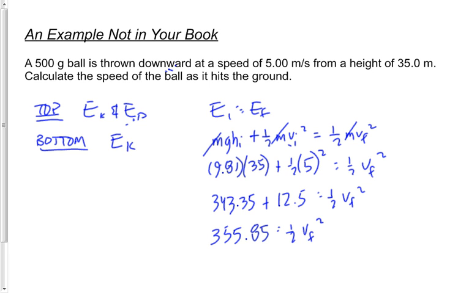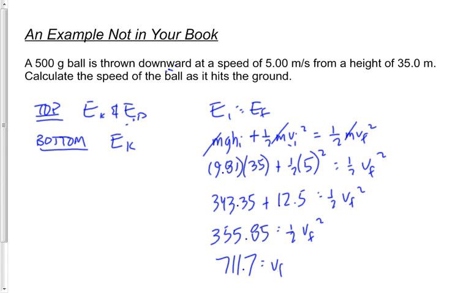Yep, you can divide by half. Or, what's the alternative for that? You can multiply by 2, either one. Okay, when you do that, you're going to get 711.7 equals v squared.